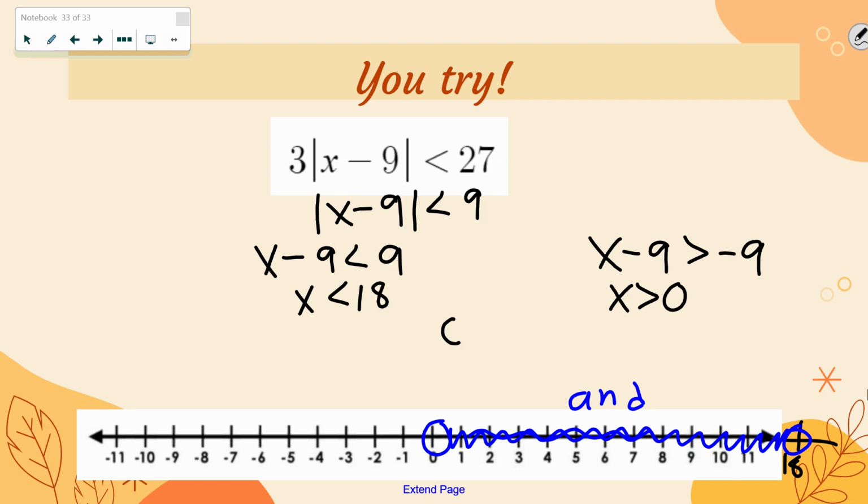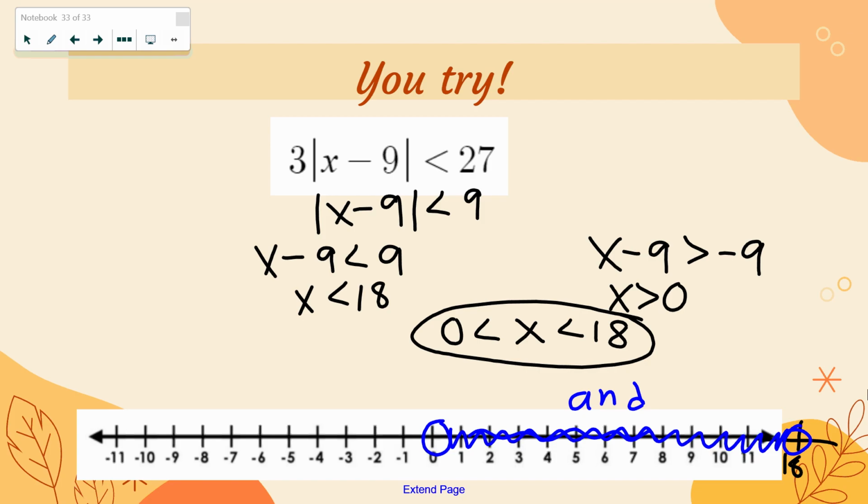So it would look like 0 is less than x, which is less than 18. And that would be your final solution there, because x is in between 0 and 18, all of those values in between them. And if you wanted a good check, if you plugged in any value between 0 and 18, it would be a true case for that inequality.